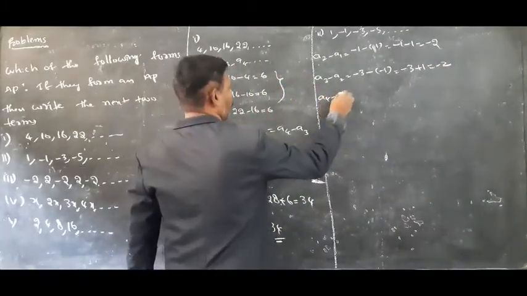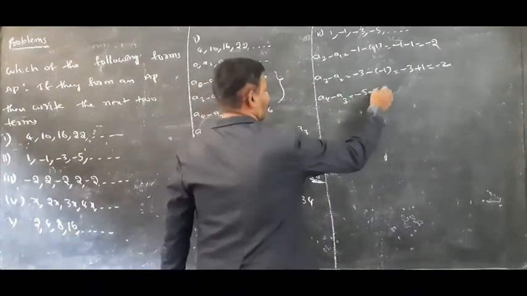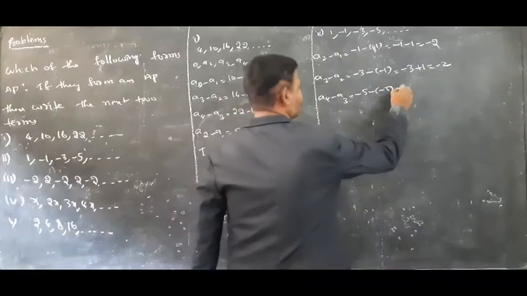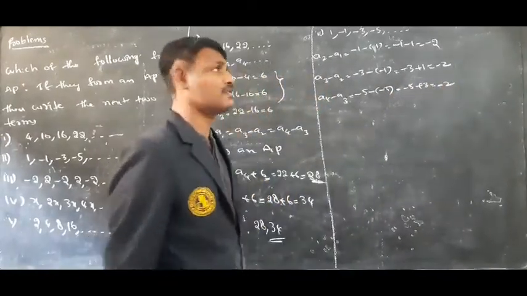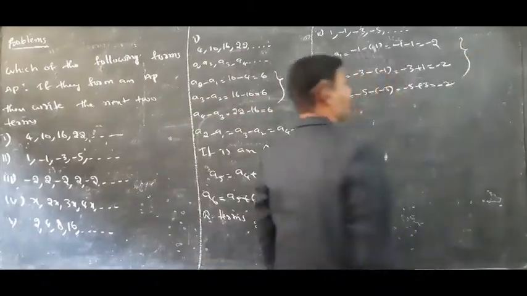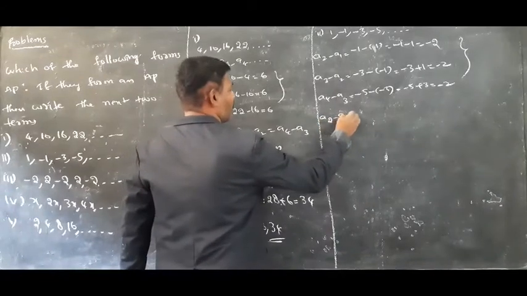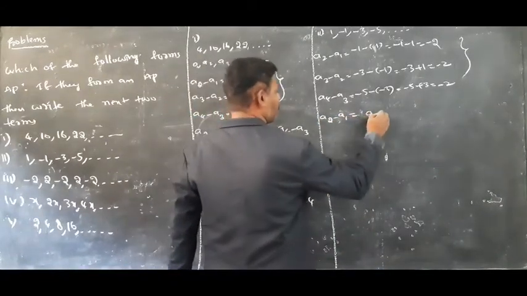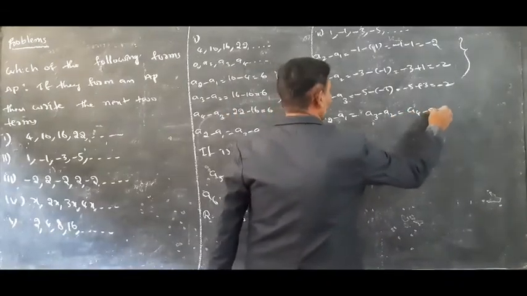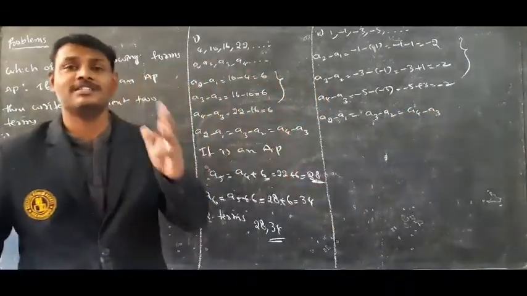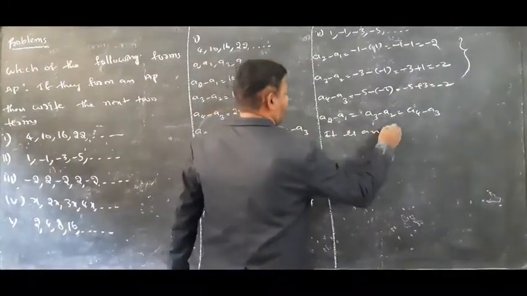Next, A4 minus A3. A4 means minus 5. Minus 5 minus of minus 3 is equal to minus 5 plus 3 is equal to minus 2. See here, every time the common difference is equal. So A2 minus A1 is equal to A3 minus A2 is equal to A4 minus A3. Here the common difference is equal. So it is an AP.